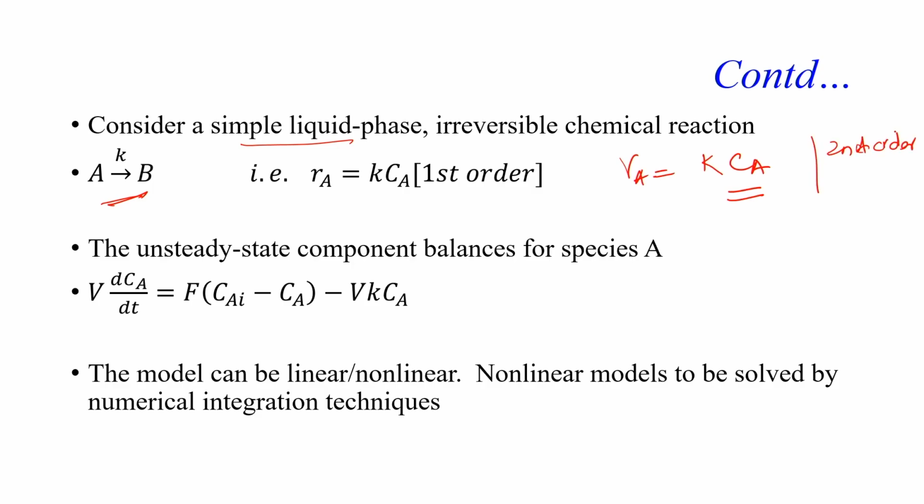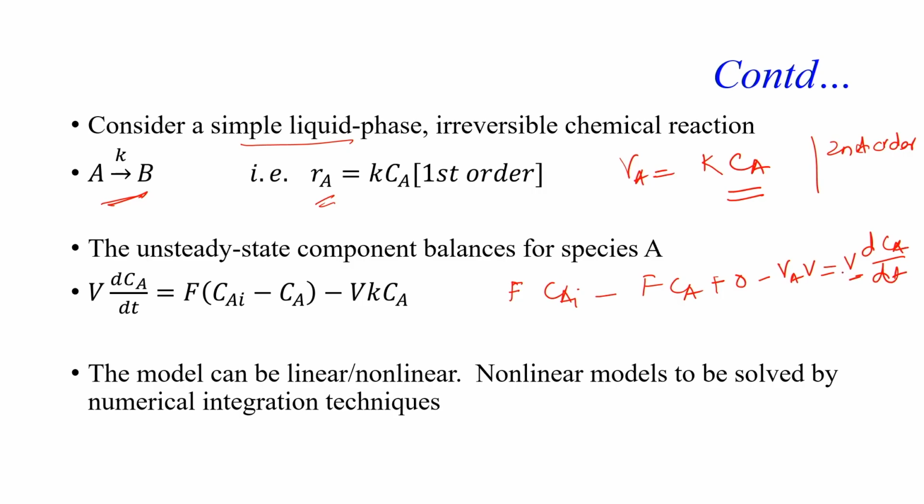Now, if you do the same mass balance, what is the inlet? F into, let us say, Cai. What is the outlet? F into Ca. There is no rate of generation, 0, minus the rate of utilization, which is Ra into V. This will equal the rate of accumulation, that is V into dCA upon dt.